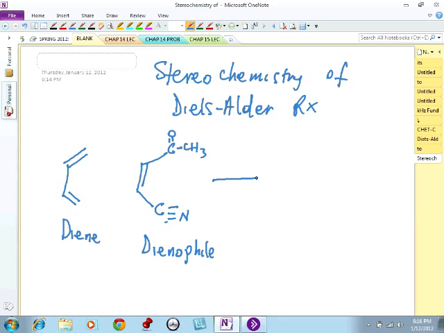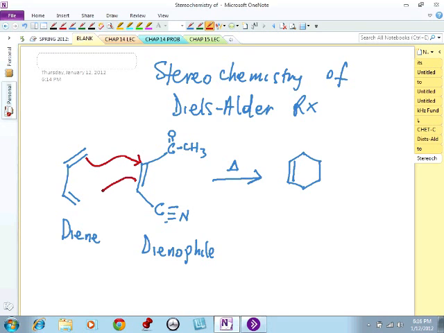Now, if you perform a Diels-Alder reaction, of course, you are going to get a six-member ring in which the double bond is now here. Keep in mind that essentially what you are getting for the Diels-Alder reaction mechanism is that this pi bond attacks this carbon here.